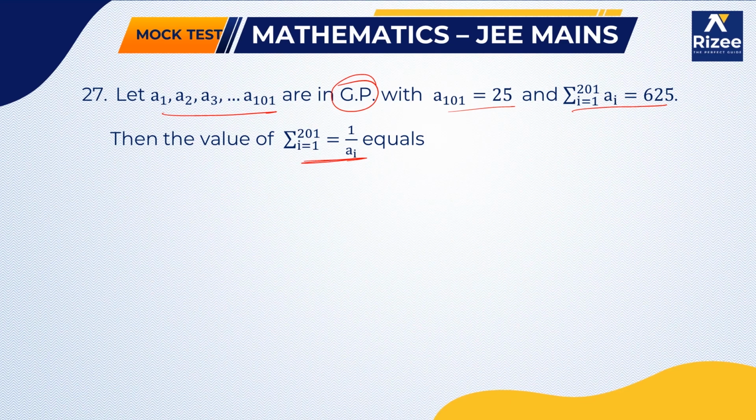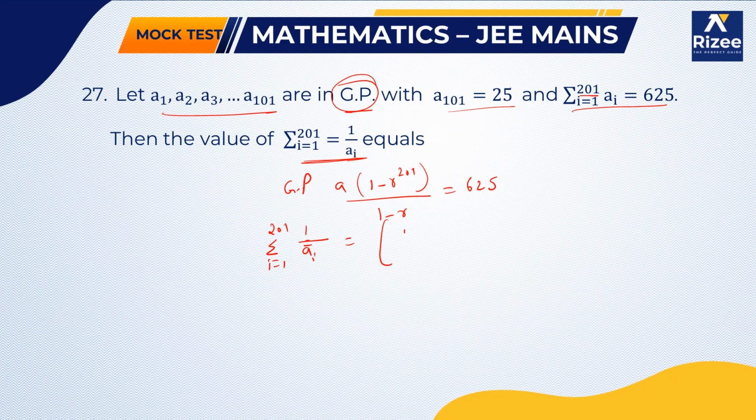The GP sum I am writing directly as a into (1 minus r power 201) by (1 minus r) equals 625. So we have to find this value, the summation of 1 by a_i, which is 1 by a1, 1 by a2 and so on, 1 by a201. This is the summation of the geometrical progression in terms of 1 by a1, 1 by a2.